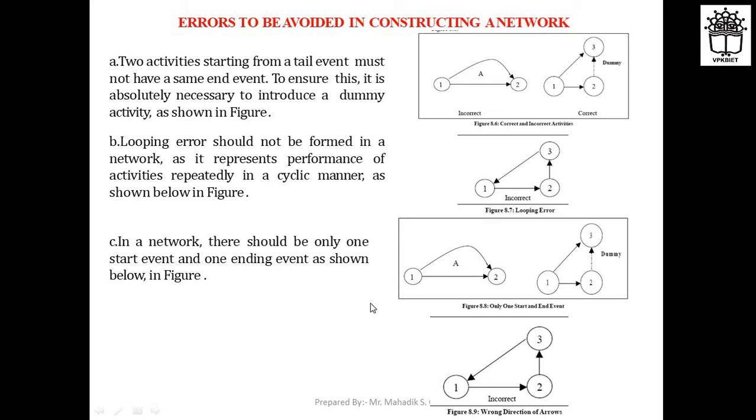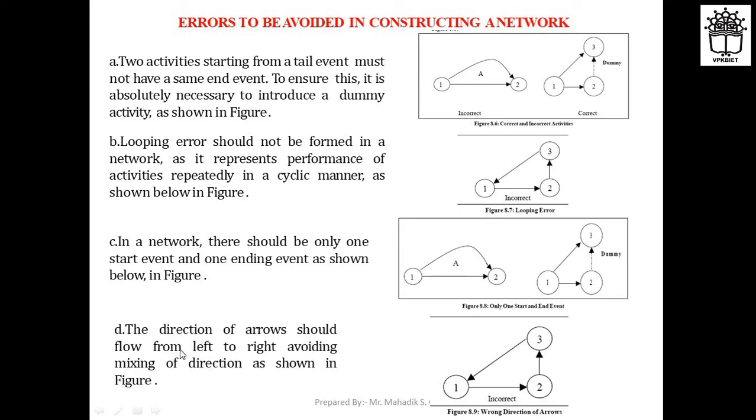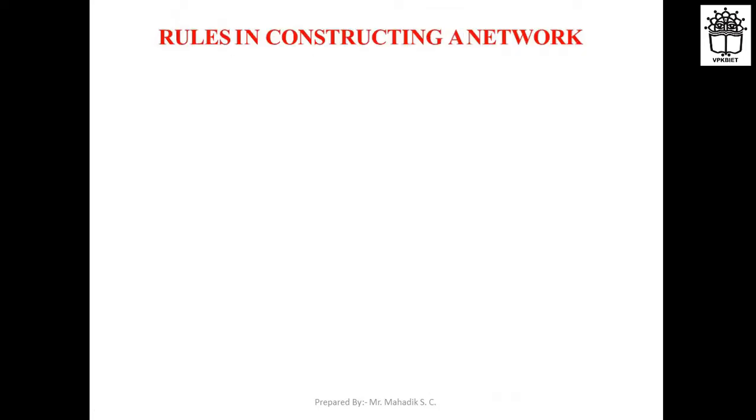Next, the direction of arrows should flow from left to right, avoiding mixing of direction, as shown in the figure. It should not move from right to left, as that will form a wrong direction of arrow and a looping error. So these are some errors to be avoided when constructing a network diagram.